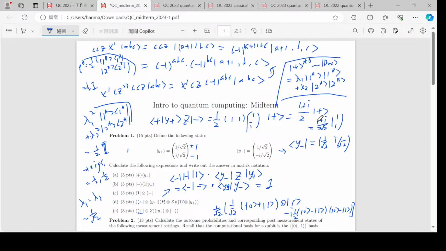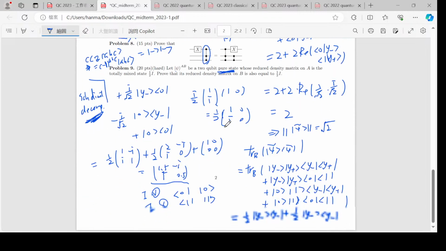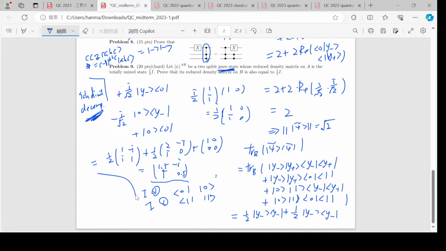So like beta 00 will satisfy this. Okay, so we are seeing this a lot. So beta 00 is 1 over square root 2 of 00 plus 11. So it satisfies that the reduced matrix is identity, totally mixed, and the other reduced matrix is totally mixed.